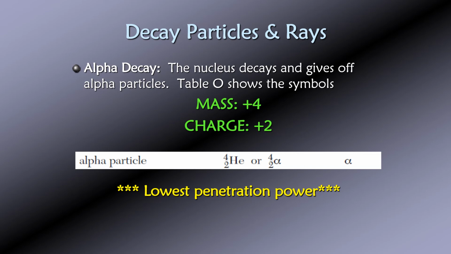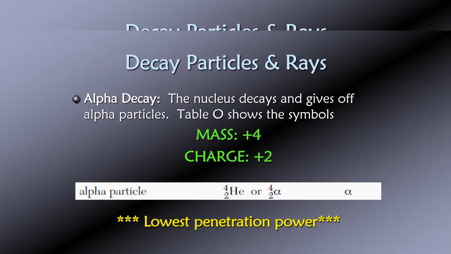And notice that alpha decay has the lowest penetration power, which means if you try to let alpha radiation pass through something, it can be super easy to stop. You can just put, let's say, aluminum in the way, and that should stop the alpha radiation from passing through. So it has the lowest penetration power. It cannot get through a lot of things.